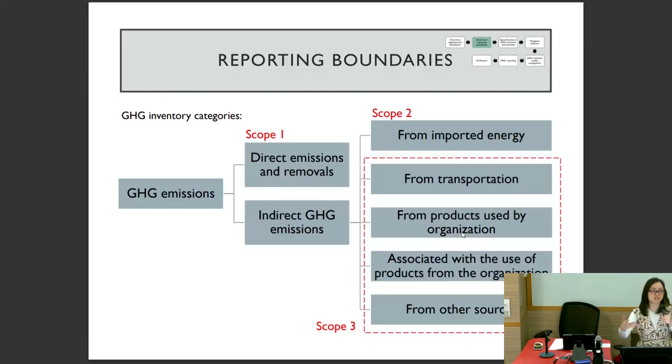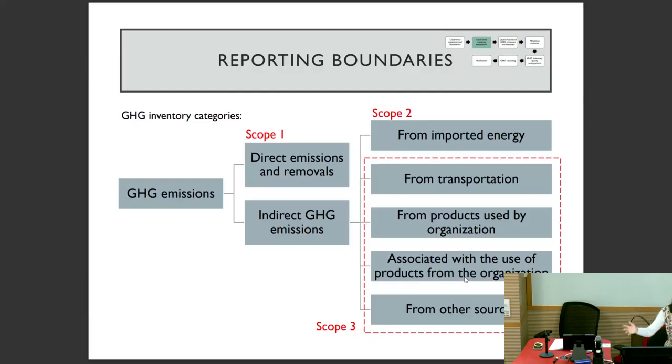Or maybe the waste that you produce. The paper that you throw away, or even when you flush the toilet. This sewage water, we need to spend energy to treat before it is discharged to the sea. So there would also be greenhouse gas emissions implications. Also associated with the use of products from the organization: if the organization is a manufacturer, it may produce products which will be consumed by the customer.